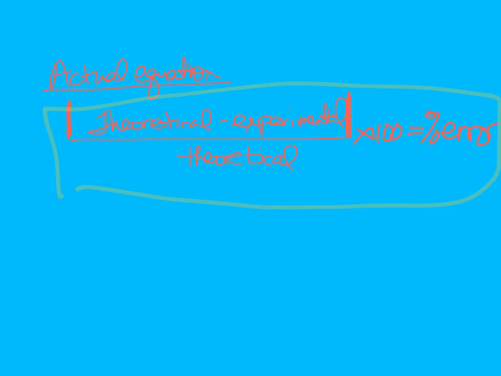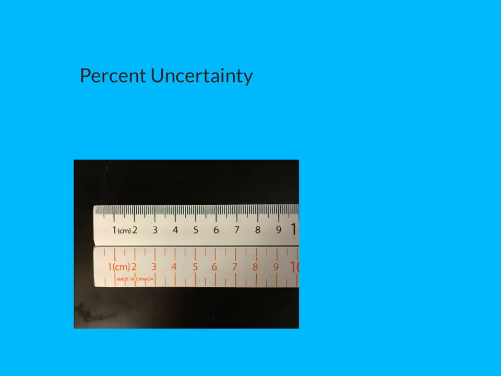Honors physics, you're going to go on for percent uncertainty. So here's a picture of two different rulers. They're both centimeter rulers, but the top ruler, if we look at it, has graduations that go in between the centimeters. So this one can go like 1.5 centimeters.